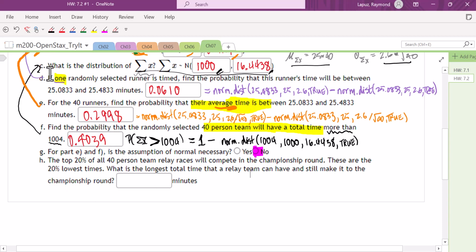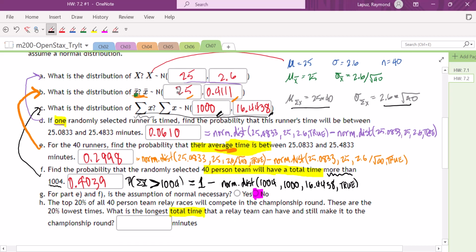So if we're talking about a relay team, we're talking about adding each individual person's time. So again, we will highlight this idea that we're looking for the total time, which will make us go back to the sum distribution again. So this H will refer back again to the sum distribution, which has this mean and this standard deviation.